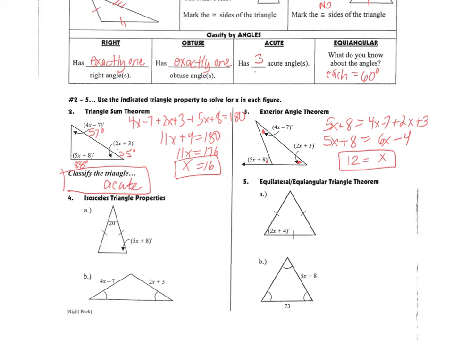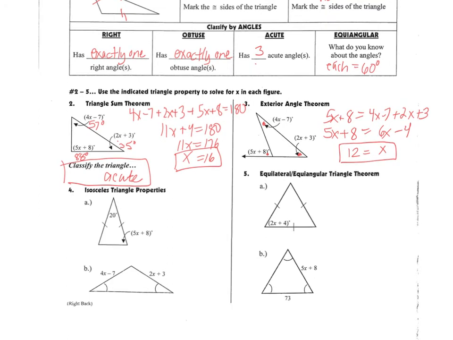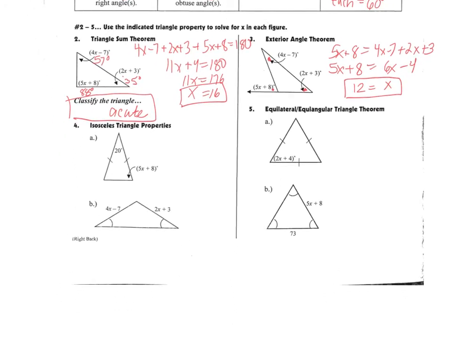Okay, let's jump down to number 4. This is an isosceles triangle. We can see that those two sides are congruent, so this angle here would be my vertex angle.